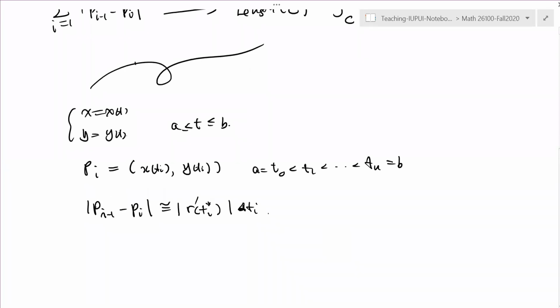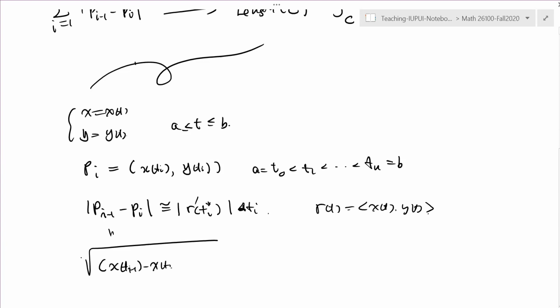Why is this true? r prime of t is going to be x prime of t, y prime of t. The reason is that the distance is going to be the square root of (x(ti) minus x(ti-1)) squared plus (y(ti) minus y(ti-1)) squared.